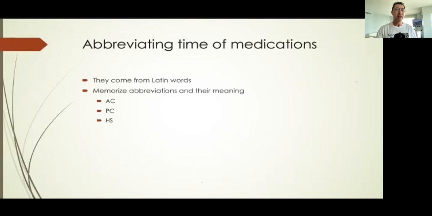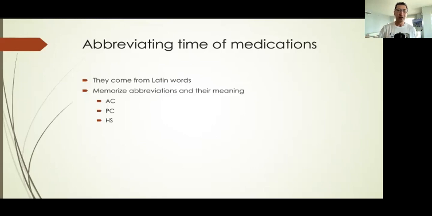Abbreviating time of medications. I don't care about the source of these words, but memorize these abbreviations and their meaning. Three of these things that you need to be familiar with are AC, meaning before meals, PC, after meals, and HS. As nurses, you will be giving some medications based on meal times.